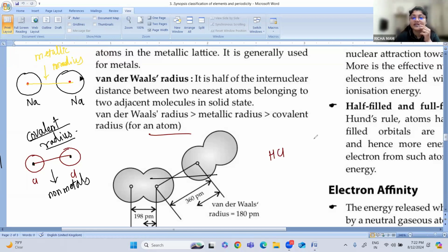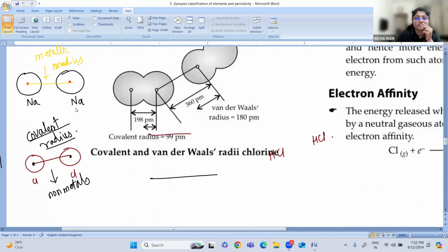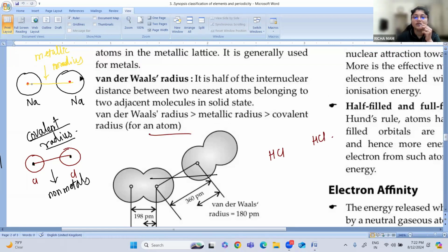Suppose I have HCl and HCl. Here, suppose I have two molecules, HCl and HCl. HCl means your hydrogen and here is your chlorine; here is your chlorine and your hydrogen.